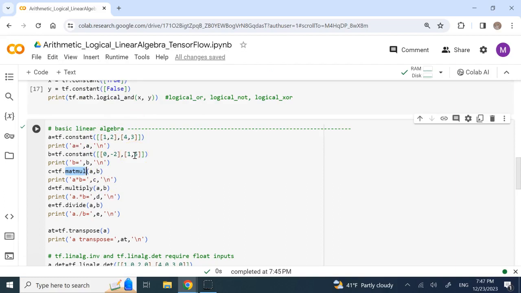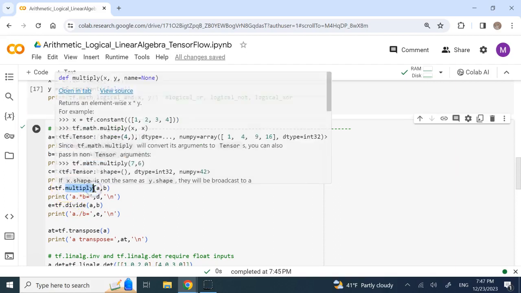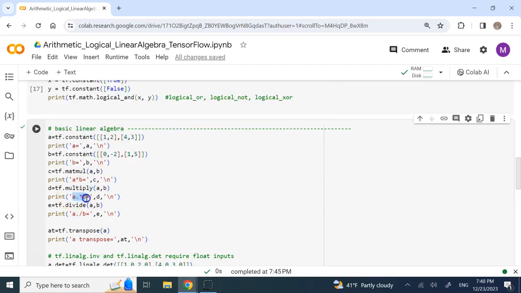If you want to do element-wise product, element to element, then you simply use the command tf.multiply. So multiply means element-wise, something that in MATLAB you had A dot star B, and regular multiplication was A asterisk B, okay? So that's matrix multiplication versus multiply.